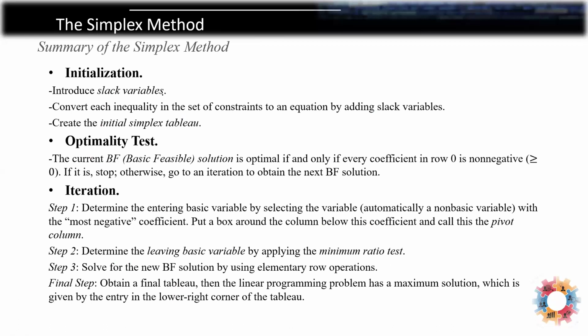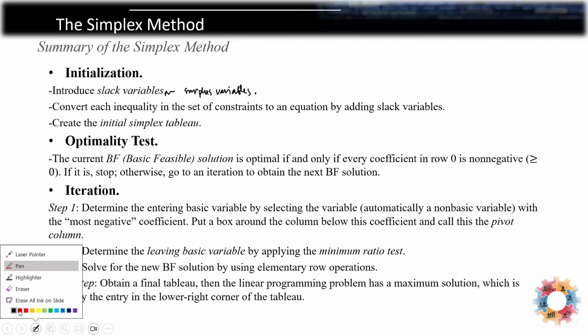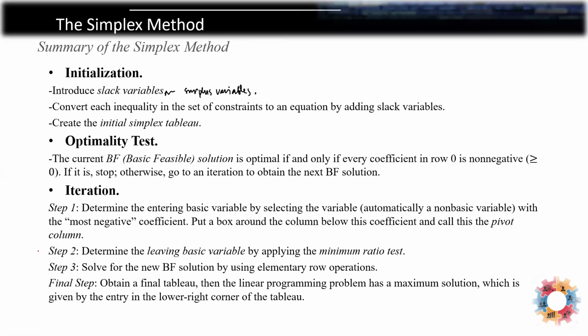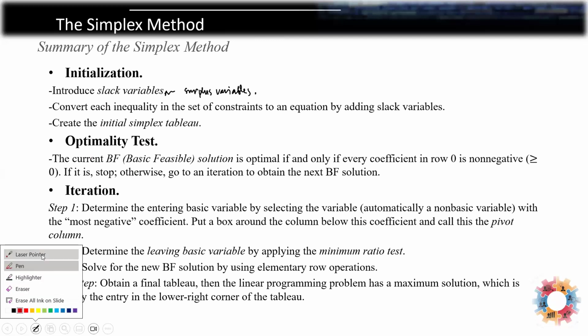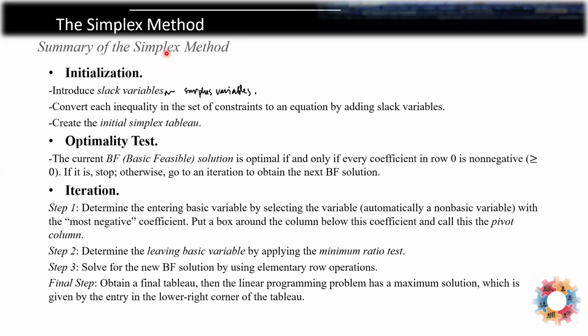You use slack variables for a maximization problem and surplus variables for a minimization problem. Then you convert each inequality, meaning your functional constraints in the set of constraints, to an equation by adding these slack variables or surplus variables. And then you create the initial simplex tableau.